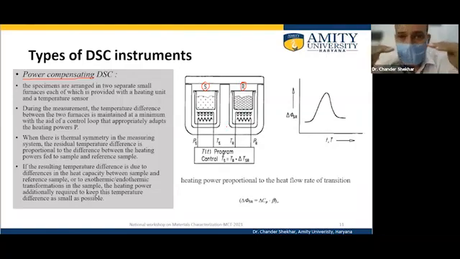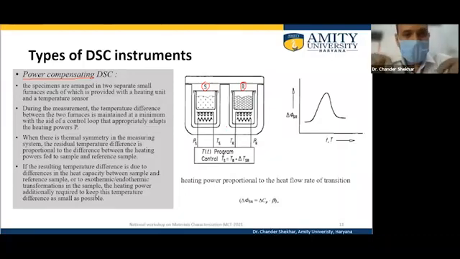In order to do that, what is required? We need to either give a lesser amount of thermal energy, or we need to heat the sample. So this is kind of a reverse of the heat flux DSC, where we are simply measuring the temperature difference.